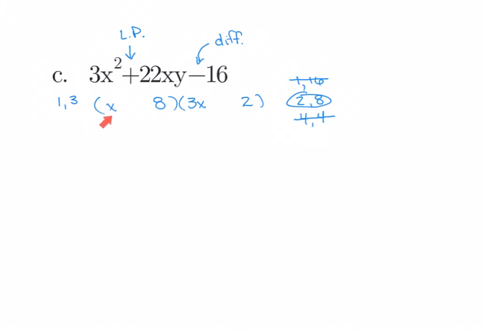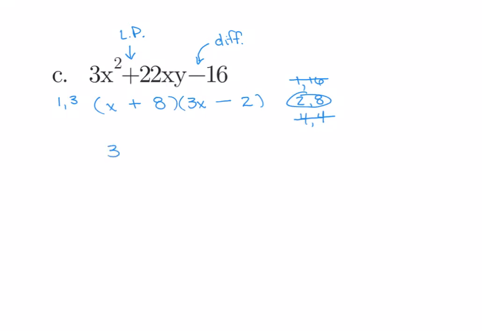So outsides, I get 2x. Insides, I get 24x. I want my 24 to be positive, which means I want my 8 to be positive. We'll make the 2 negative. All right, let's go ahead and FOIL this now.